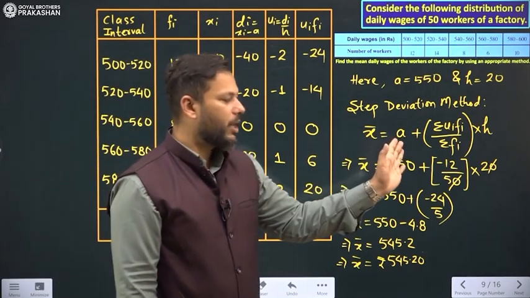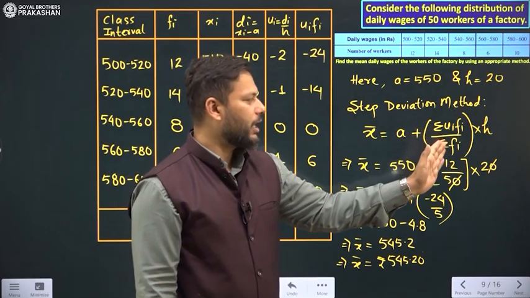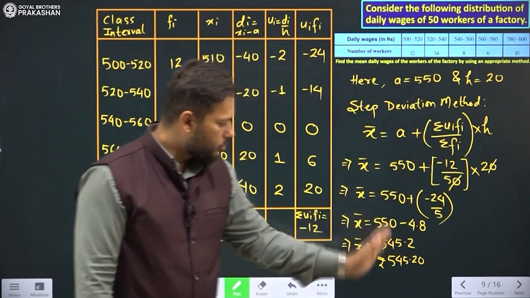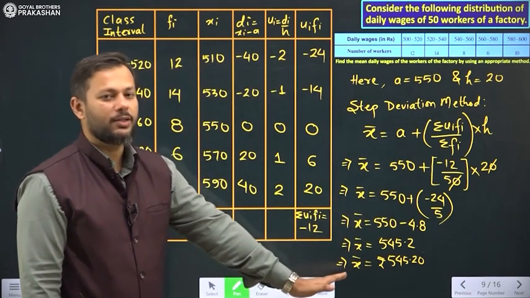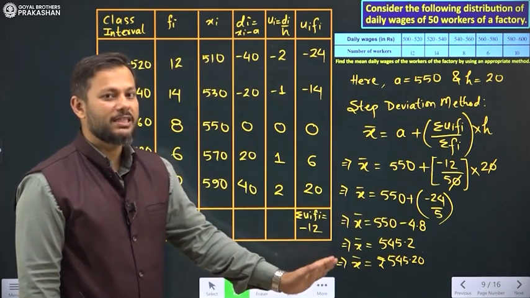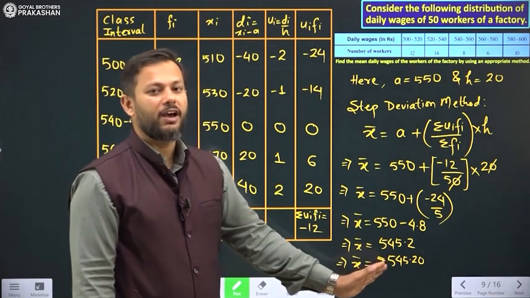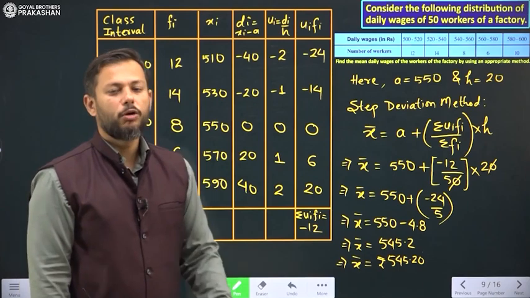We use the formula A plus summation of UiFi upon summation of Fi multiplied with class height. When we substituted the values, we are getting the average daily wages of 50 workers as rupees 545.20. So I hope this question is clear.